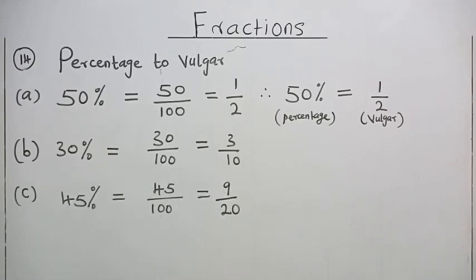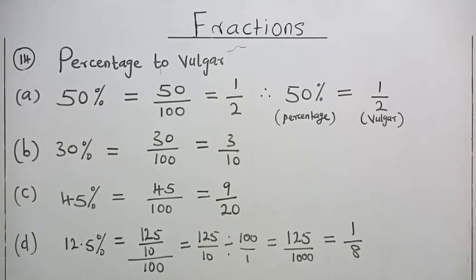Let us take the fourth example. And here comes the fourth and the last example for this section. It says 12.5%. Don't forget that we also have decimals expressed as percentage. So how do we convert 12.5% to vulgar fraction?